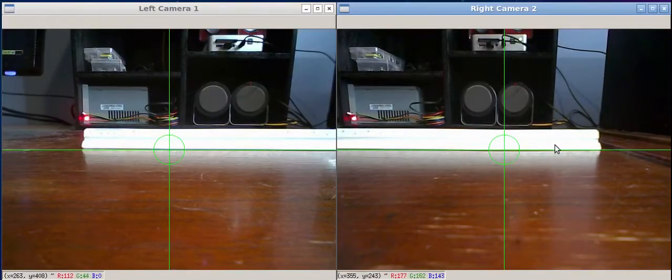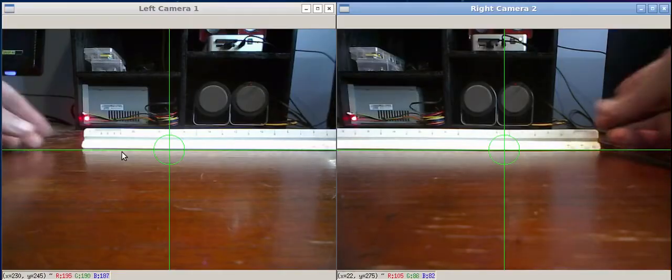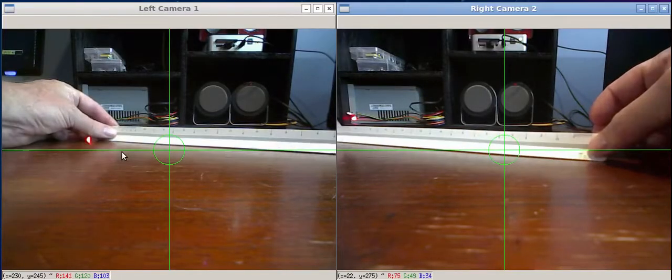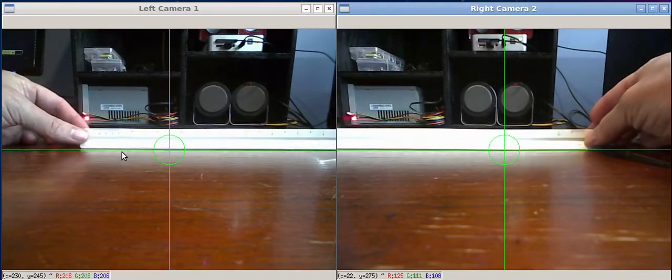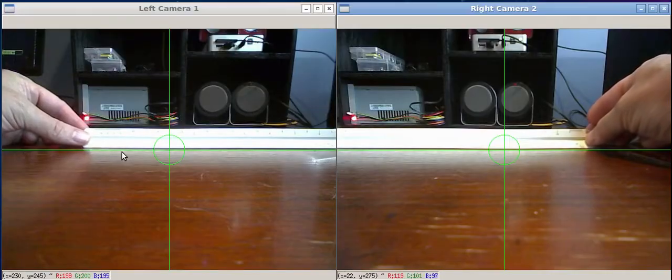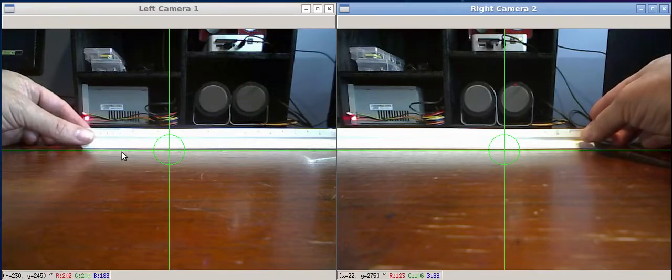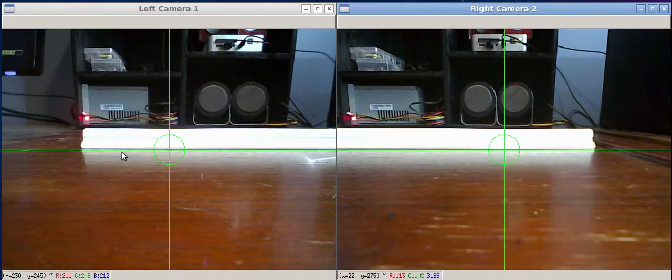So what you're working on is that this line is horizontal. Same with this one, horizontal. And you've got to have this straight with your camera bar. So you get this lined up with your camera bar, and then you use that to gauge whether this camera is too high or too low.